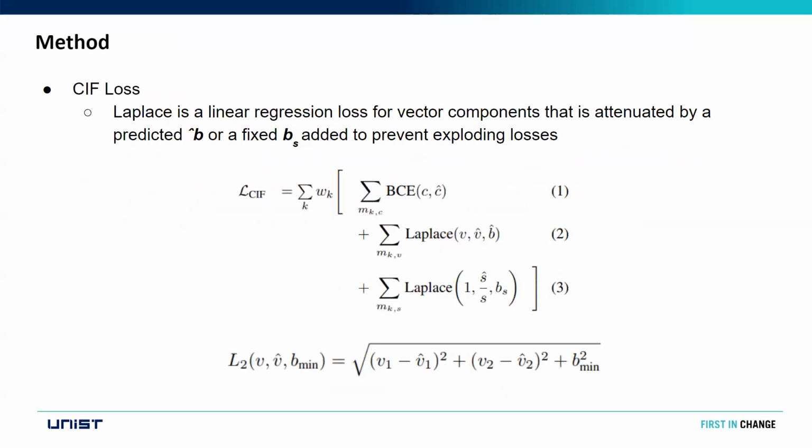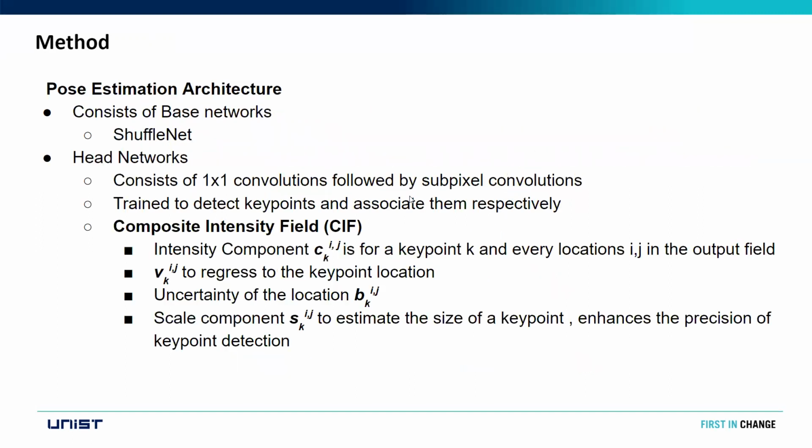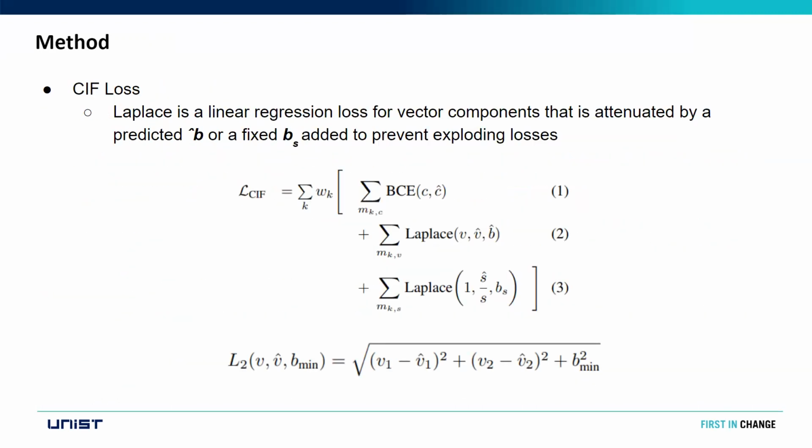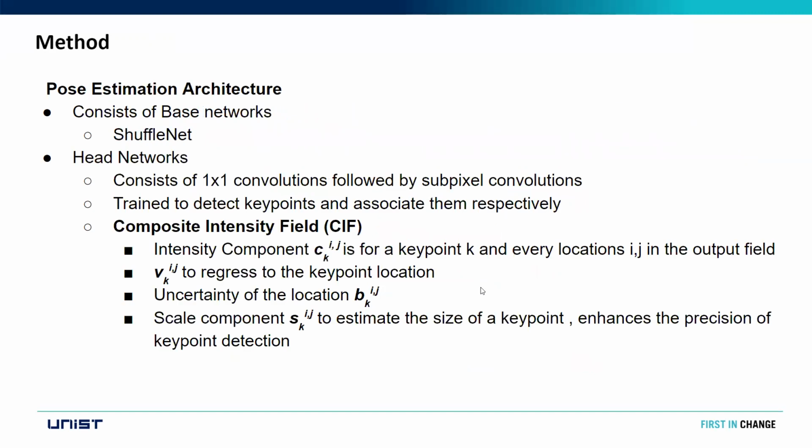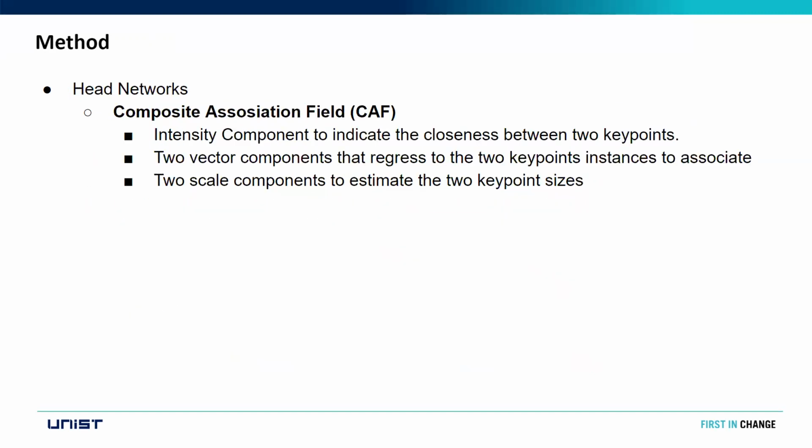And then this is the loss they use for the CIF head, and they have binary cross entropy loss for the intensity component, and they use Laplace loss for the location, and then the size of the key point.